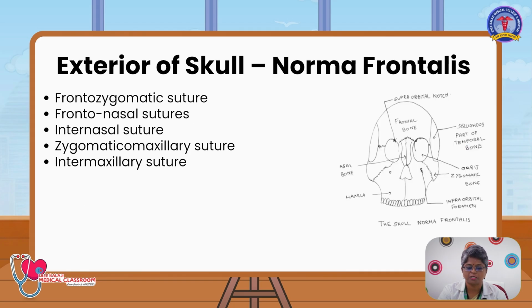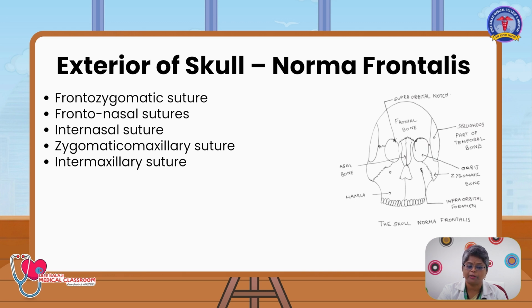The notable sutures of norma frontalis include the frontozygomatic suture, which is the junction between the zygomatic process of the frontal bone and the frontal process of the zygomatic bone. Then the junction between the nasal part of the frontal bone and the frontal process of maxilla.